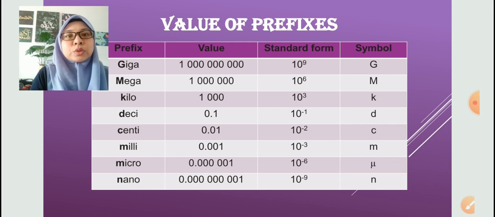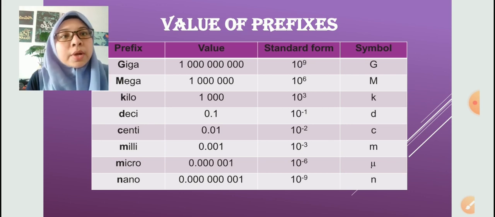So when you want to write 1 million bytes, you write 1 megabyte. That is why we use prefixes to write units that have a very big or very small value.